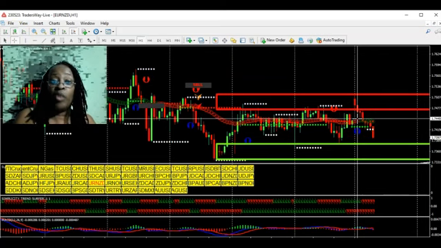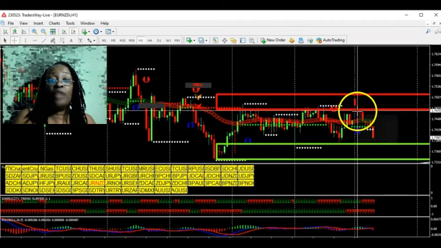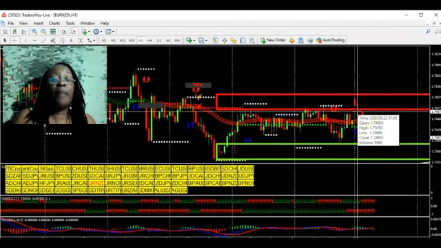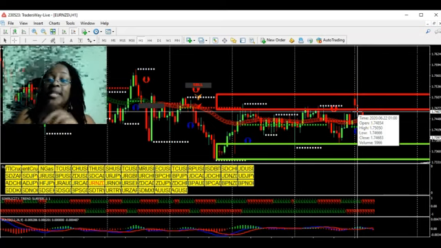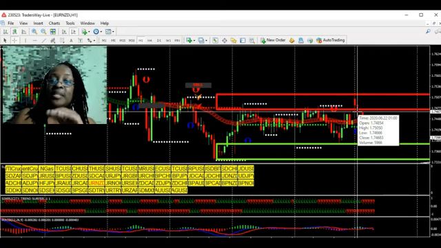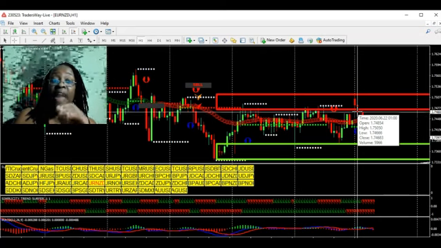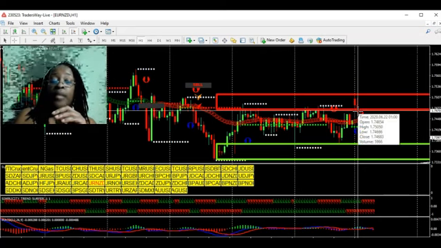Now, take a look at this one. Okay, so it came out of the zone, it closed. Now look at your trend surfer. It's green, red. But see, this is my point. That doesn't mean it's a bad trade. It's just a little aggressive at this point, right?